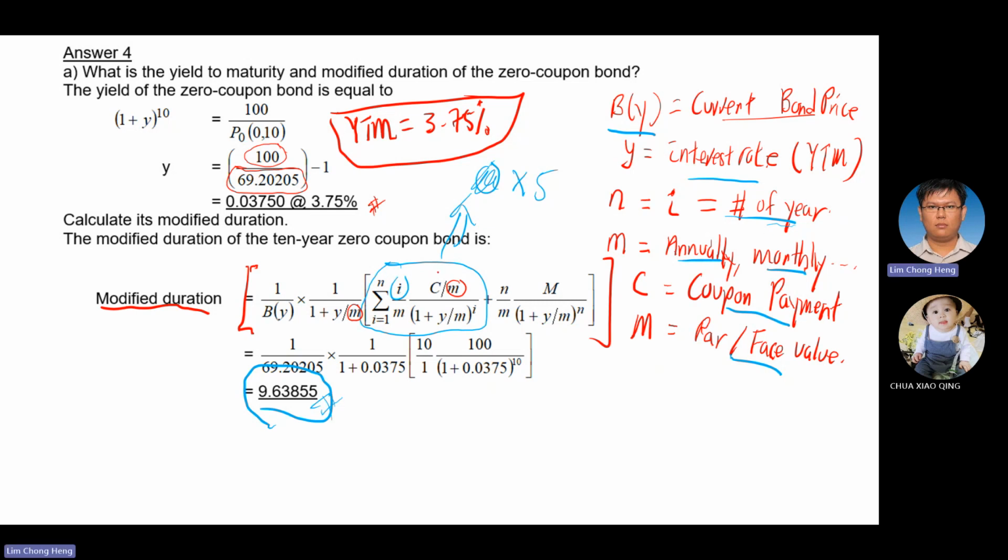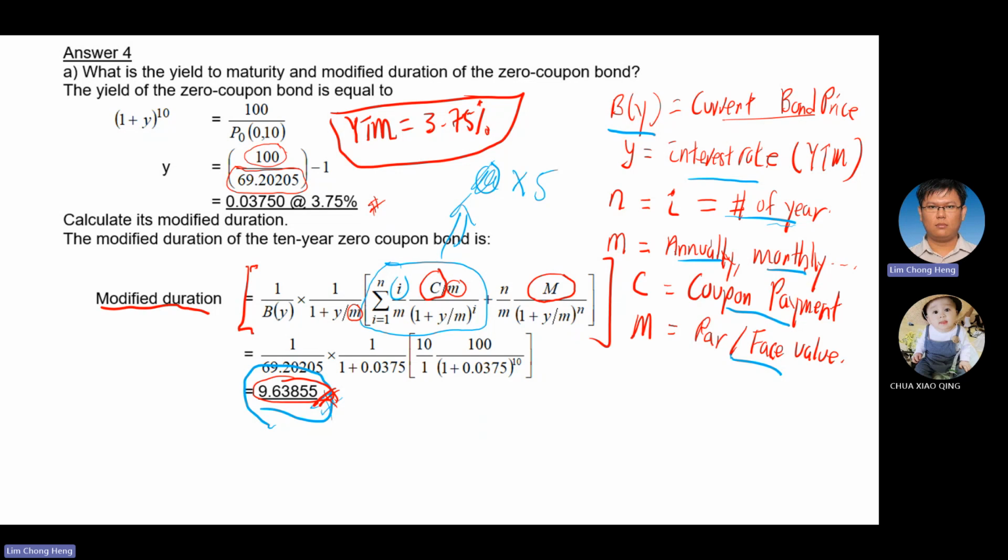Then we have the capital C, which is the coupon payment, and the capital M, which is the par value. You substitute, and you can get the modified duration as 9.63 something. This is from your fixed income book.